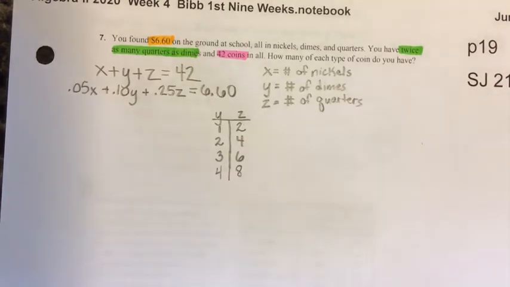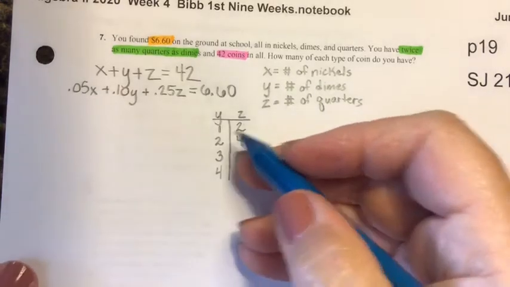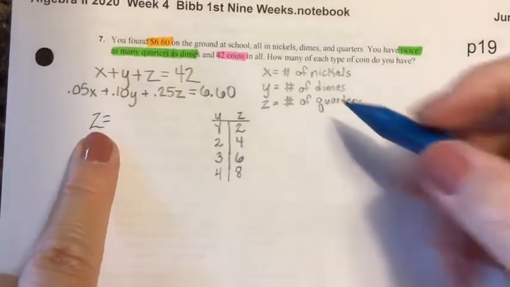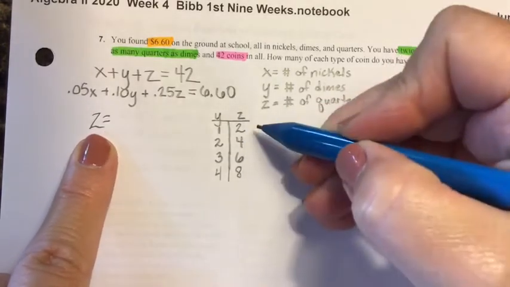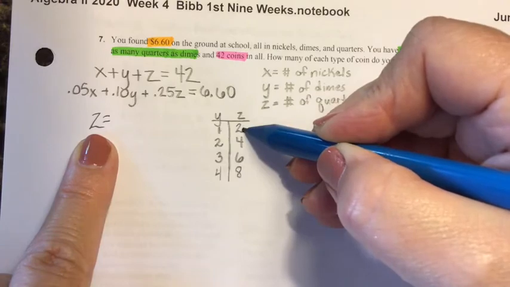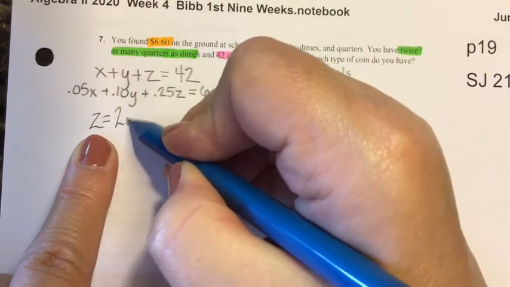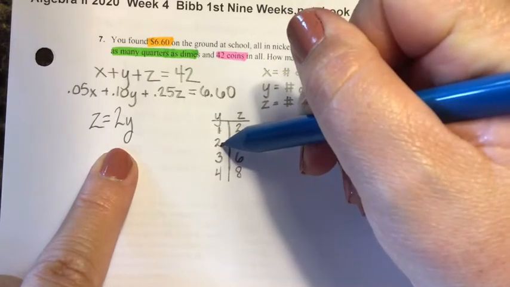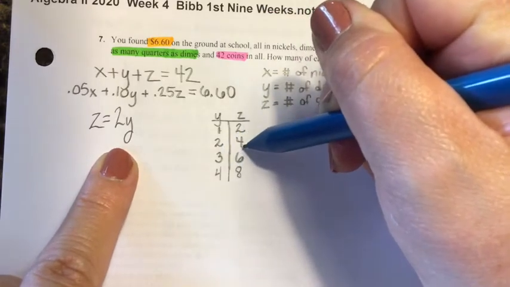Now, there's a couple different ways you could write this equation. It's up to you. I believe I'm going to start with Z since that's the way I started the problem. How did I find Z in each of these? If I have 1 dime, how do you get Z? You multiply Y by 2. If you have 2 dimes, how do you get twice as many quarters?